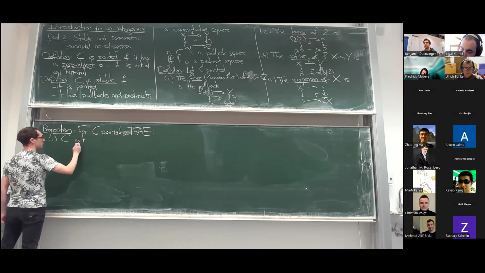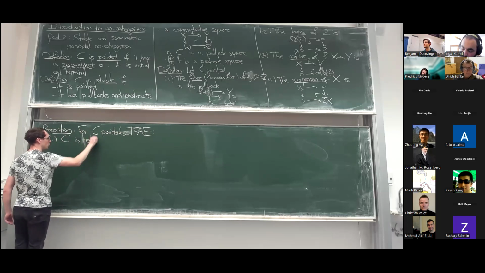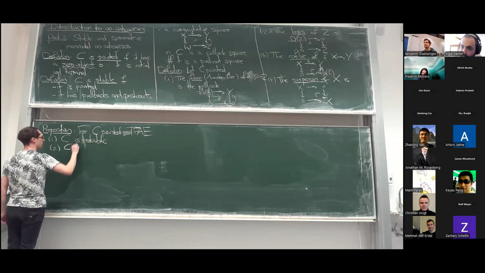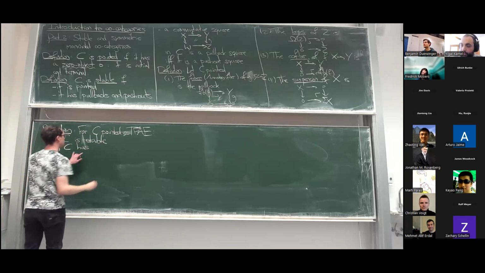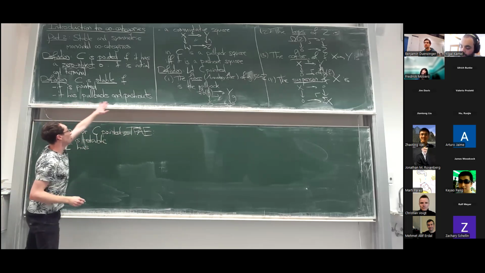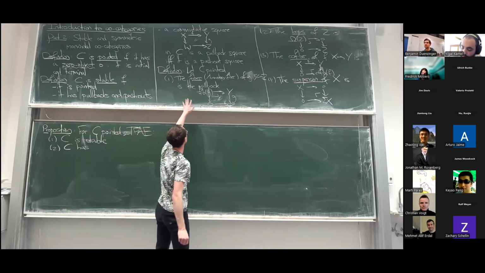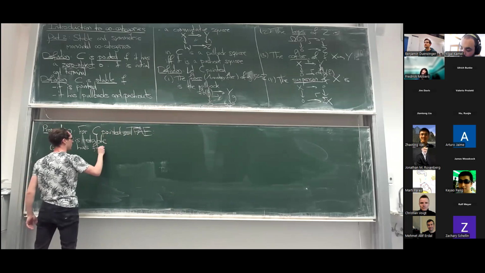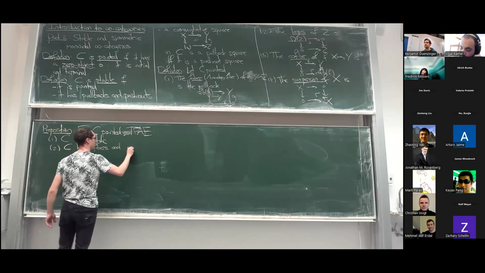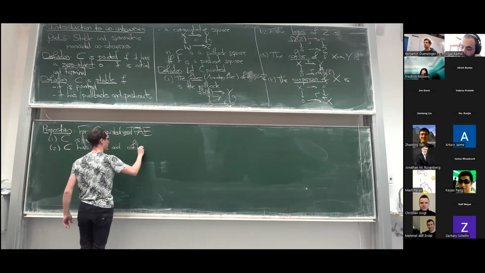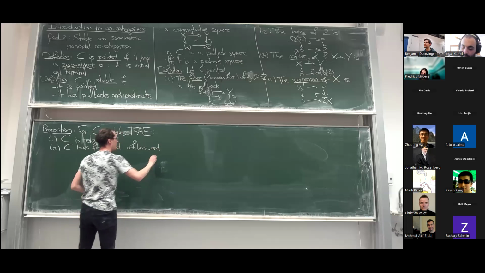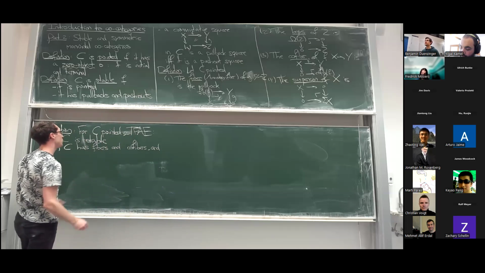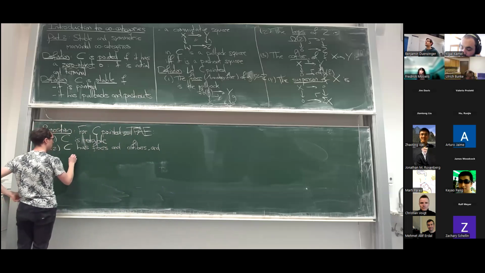The first condition is that C is a stable infinity category. The second condition is that we might not necessarily have all pullbacks and pushouts, but at least we have fibers and cofibers. And then we ask this third condition only in the case that W is the zero object.